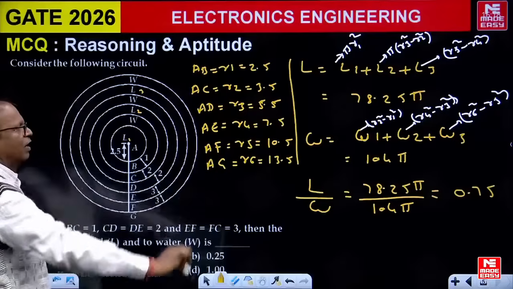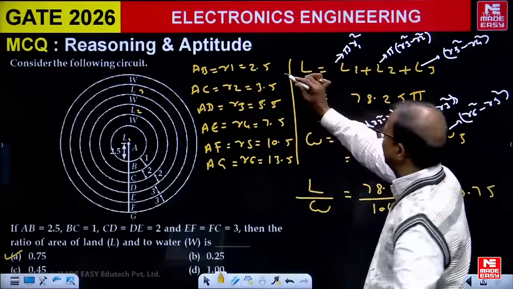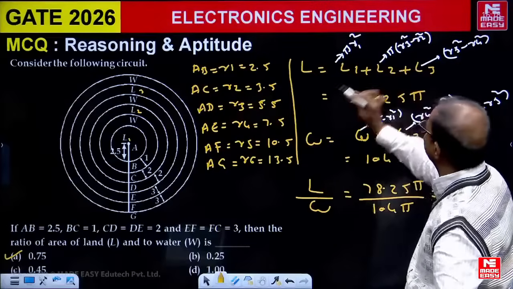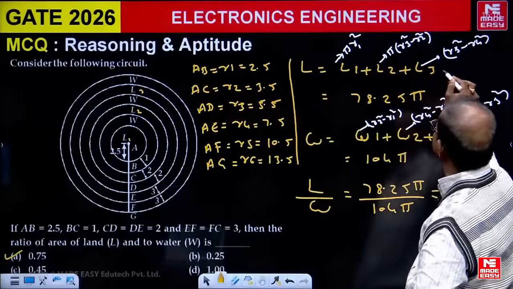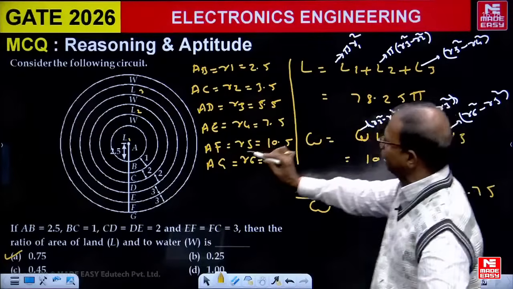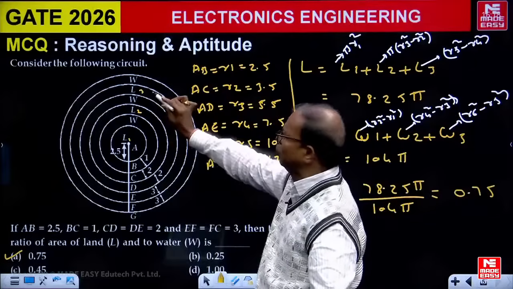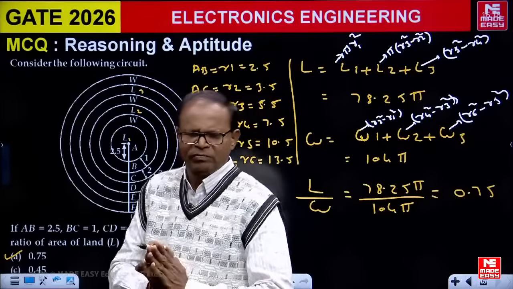Sum of the land areas is L1 plus L2 plus L3, where L1 is nothing but pi R square. L2 is the outer circle minus the inner circle, R3 square minus R2 square. L3 is R5 square minus R4 square. So it is nothing but L1, L2, L3. It's not complicated, it takes some time.